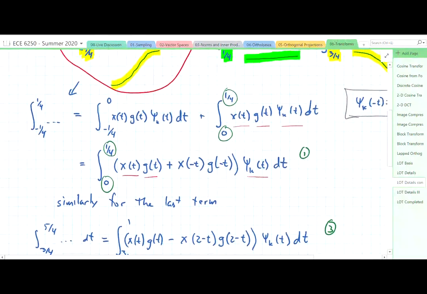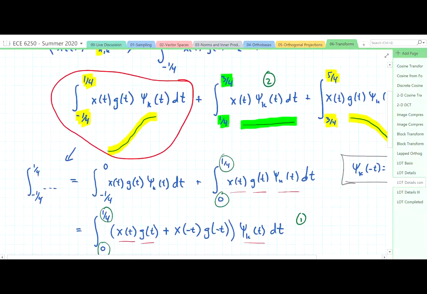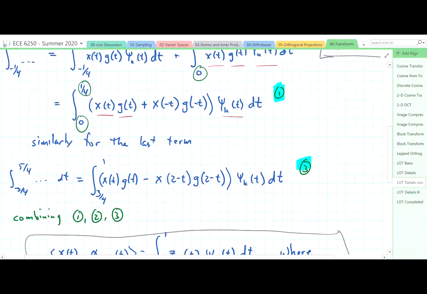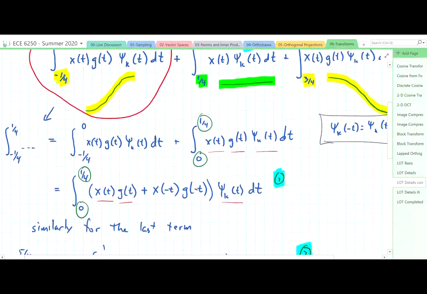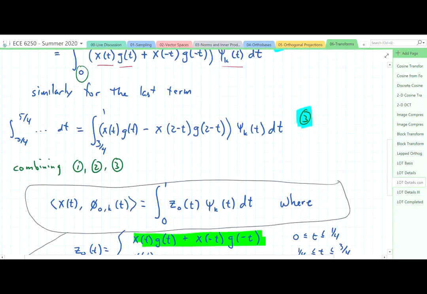Okay, so let's look at all these equations. We have expression number 1 that came from our leftmost expression over there. We have expression number 2 that we haven't done anything with. And then we have expression number 3, which came from the last term, corresponding to the falling edge of the window.